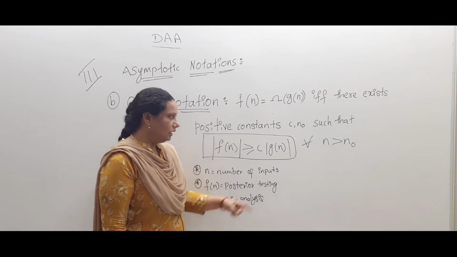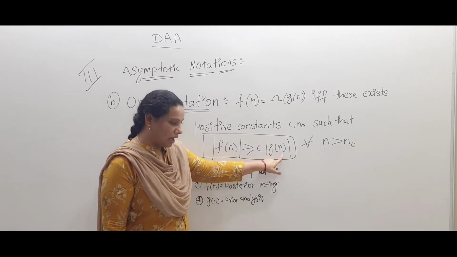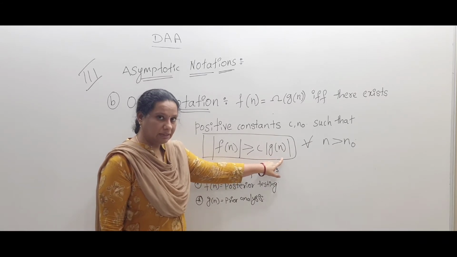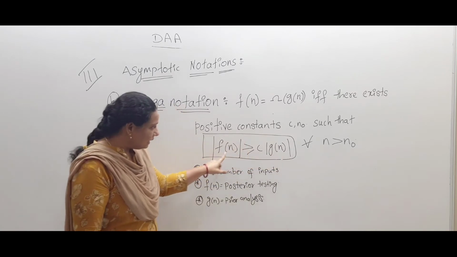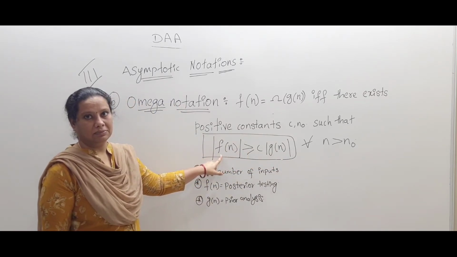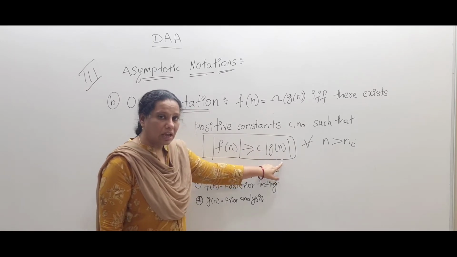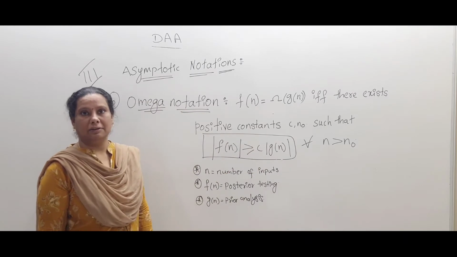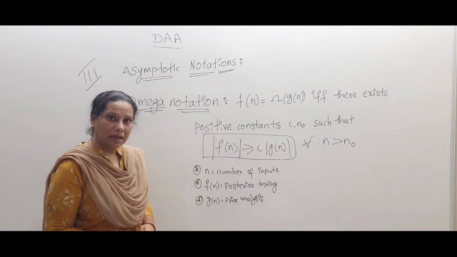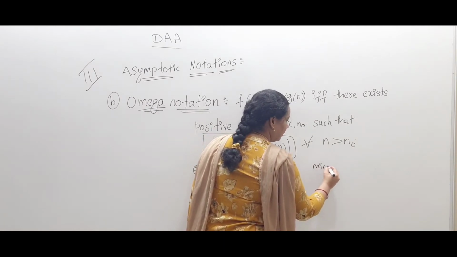It is nothing but that your estimated time is always less than the exact time. Means, the time you estimate, it may take more than that or equal to that. What does this mean? You are taking the minimum time here.